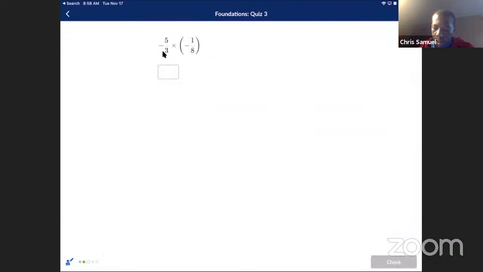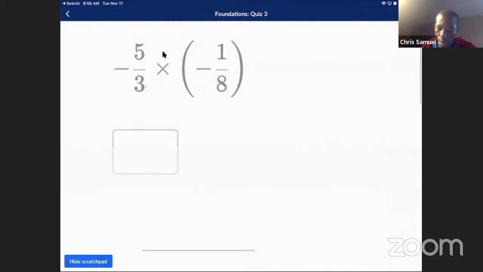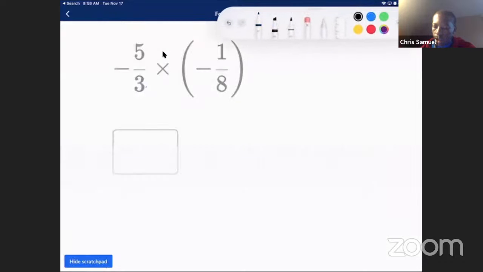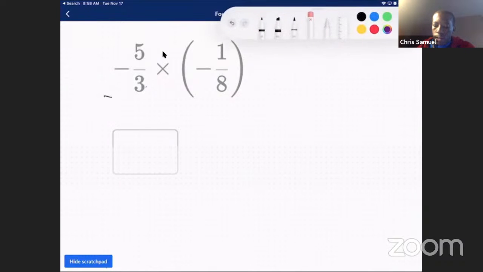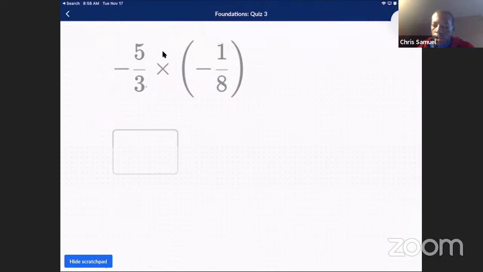Do the same for this. Let me zoom in. I think negative 5/3 times negative 1/8.